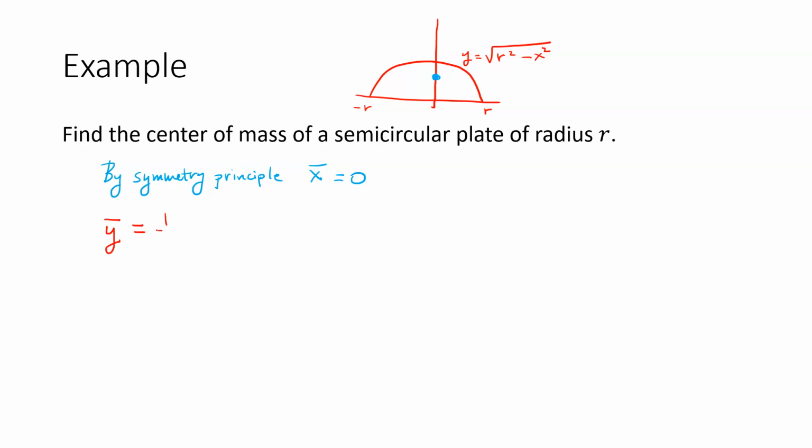So we know it'll be 1 over A, and then the integral from negative r to r of 1/2, and then our f(x) is the square root of r squared minus x squared, squared. Because it's a semicircular plate, we know that the area of a semicircle is 1/2 of pi r squared.